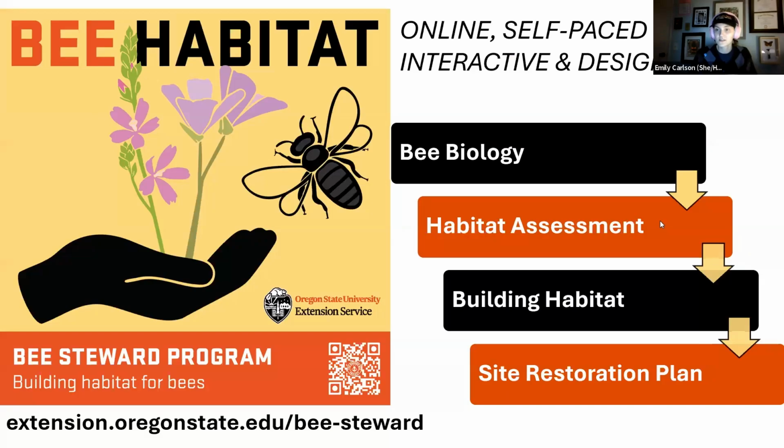The Bee Stewards is an online, self-paced, interactive course designed for you to meet your goals. What that looks like is we start with an overview of bee biology to understand what pollinators need, what bees need, and how we can meet those needs.